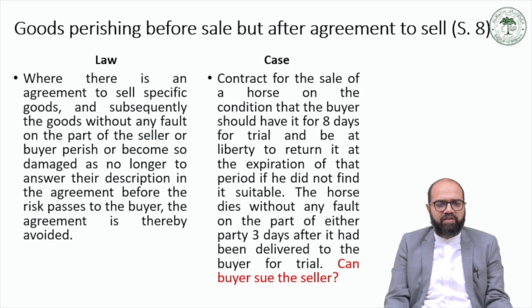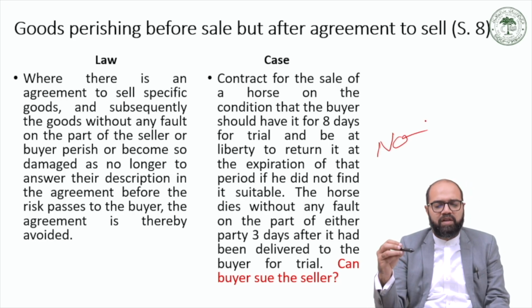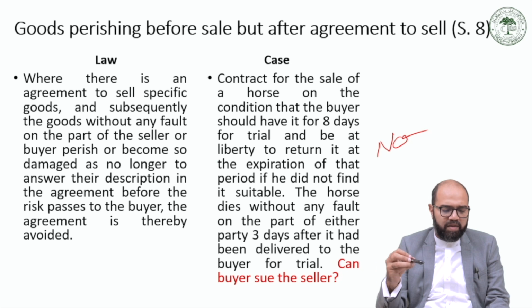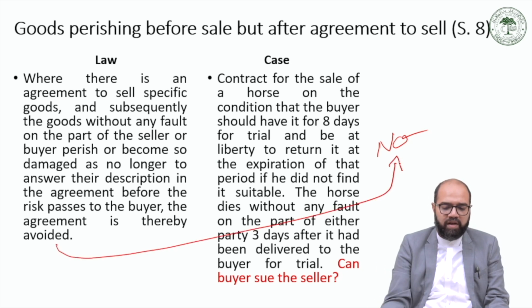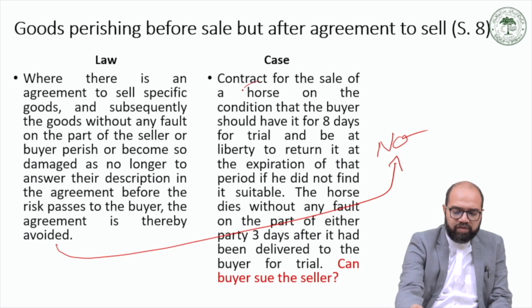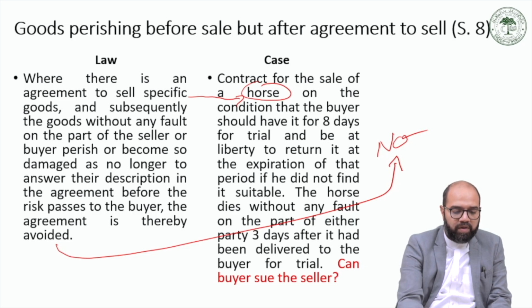So the answer to this case here would be no. No party can enforce the obligations of the other party because in such kind of a situation the contract has been avoided. So what is required here is that there is an agreement to sell specific goods. So we have a horse which is agreed upon, specific. There should not be any fault on the part of either of the parties.